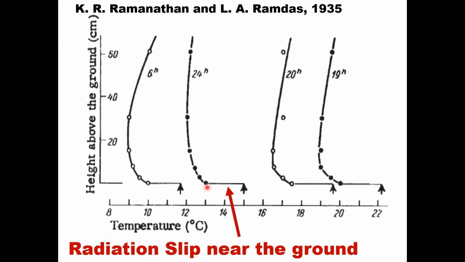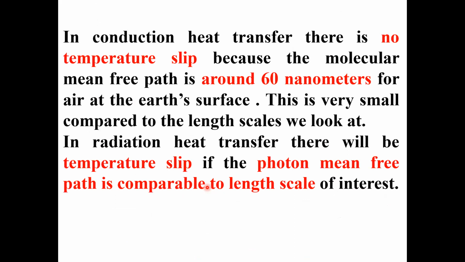Now, this is because in conduction heat transfer, which is where normally people say no slip, the mean free path of the molecule is around 60 nanometers. And it is so small compared to the scales at which we make observations that we cannot see the slip at all. But when you deal with radiation heat transfer, you have to worry about the photon mean free path.